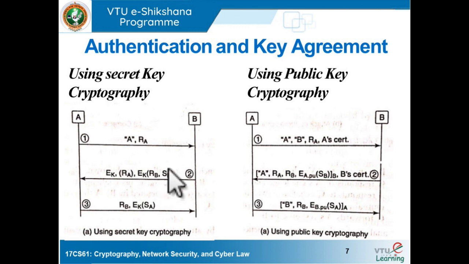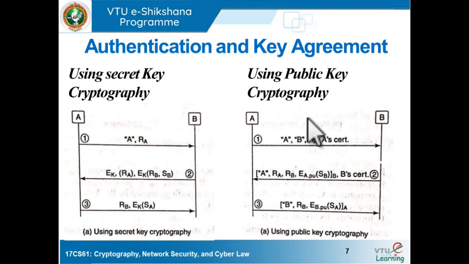A can deduce it by XORing the values SA and SB, and B can also deduce the session key by XORing the values SA and SB, and use this newly computed session key in order to perform further communication.